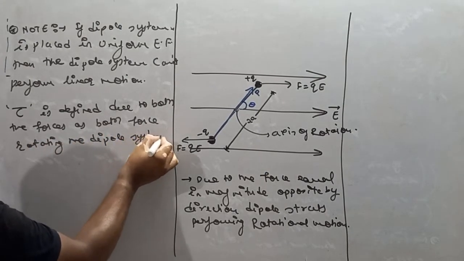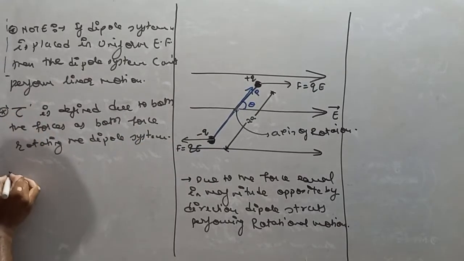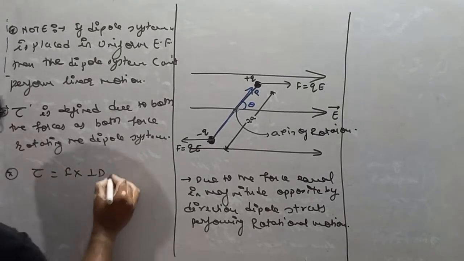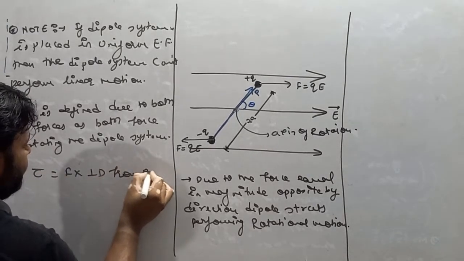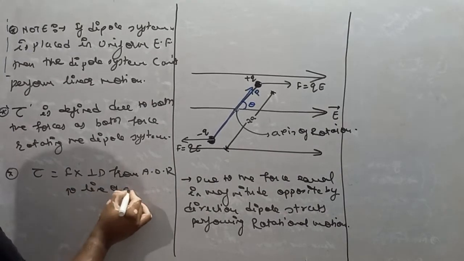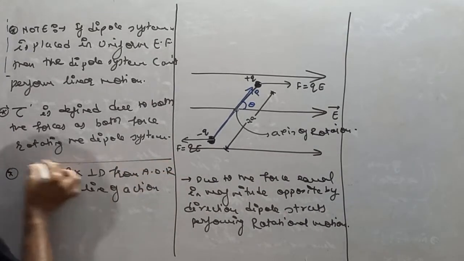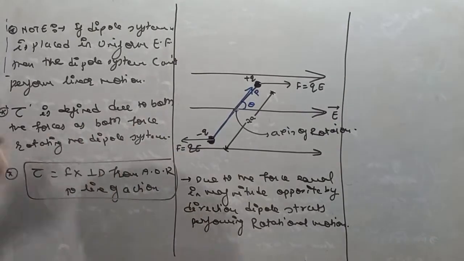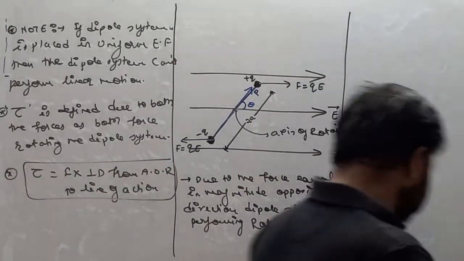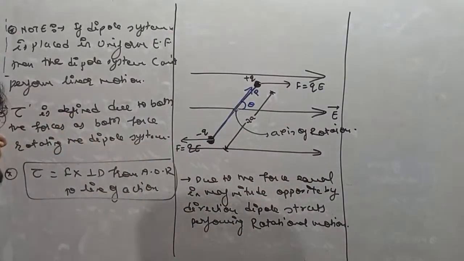We know that the value of torque equals force times the perpendicular distance from the axis of rotation to the line of action. So now I'll make the line of action, dear student.